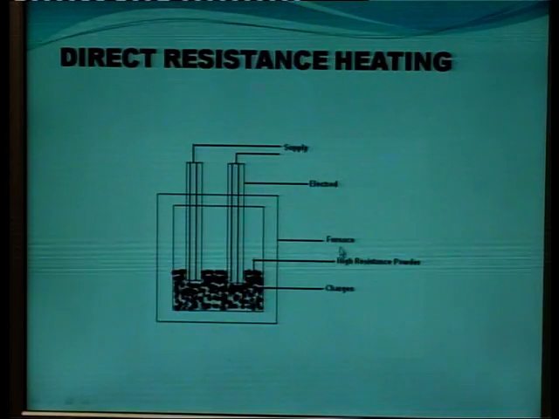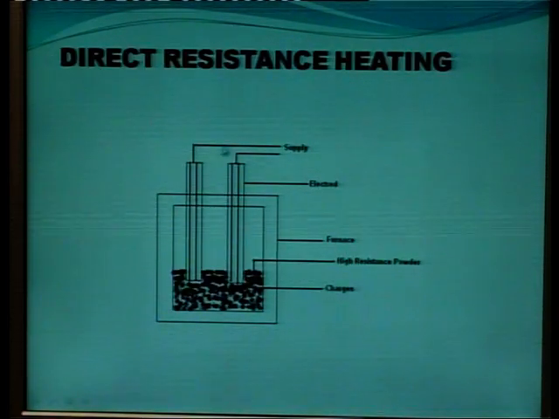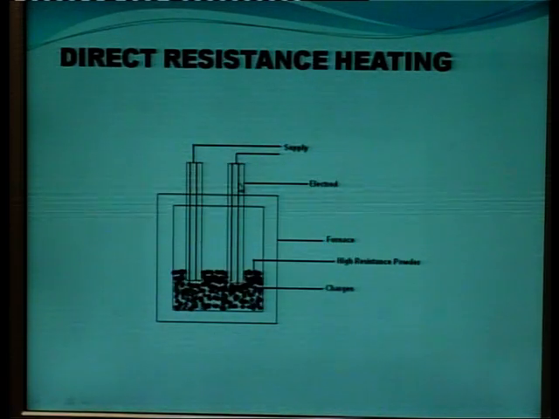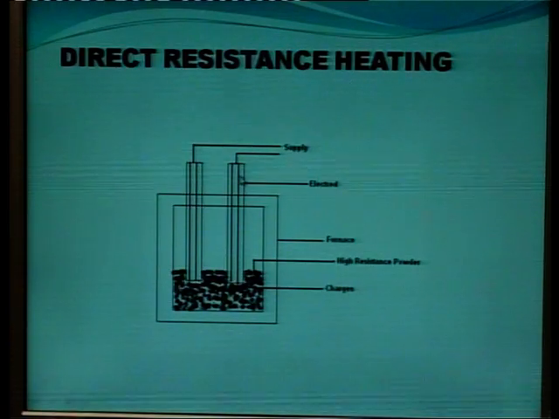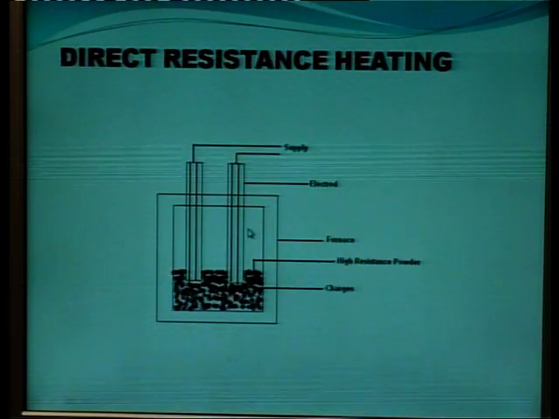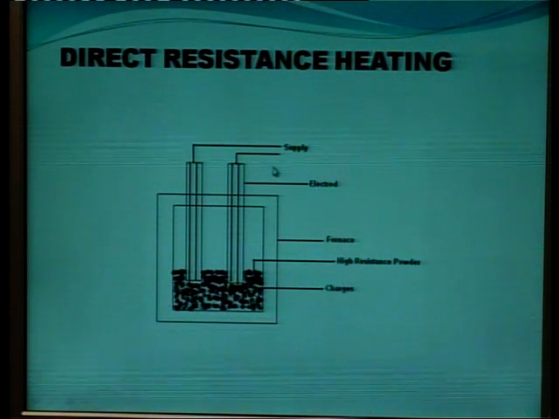This is a charge, this is a furnace, these are the two electrodes, and supply is given to these two electrodes. Now if there are two electrodes in this diagram, then we must give DC supply or single phase supply, and for the three phase supply we require 3 electrodes.